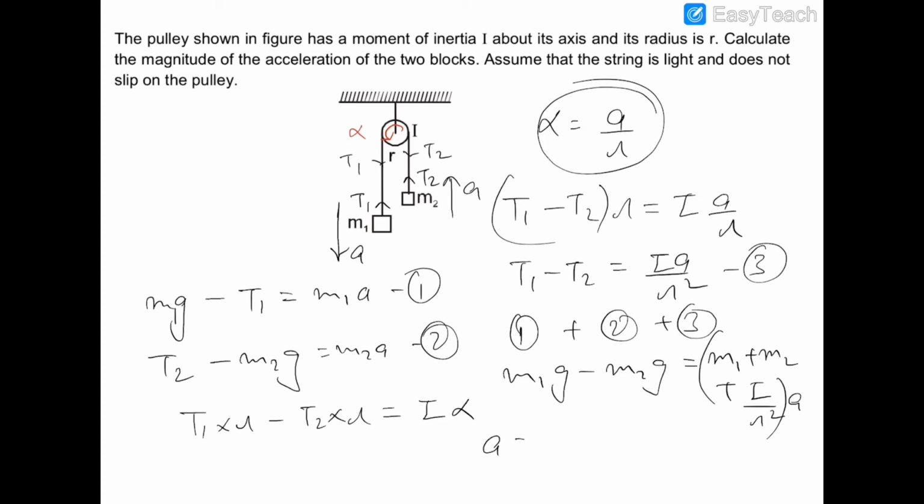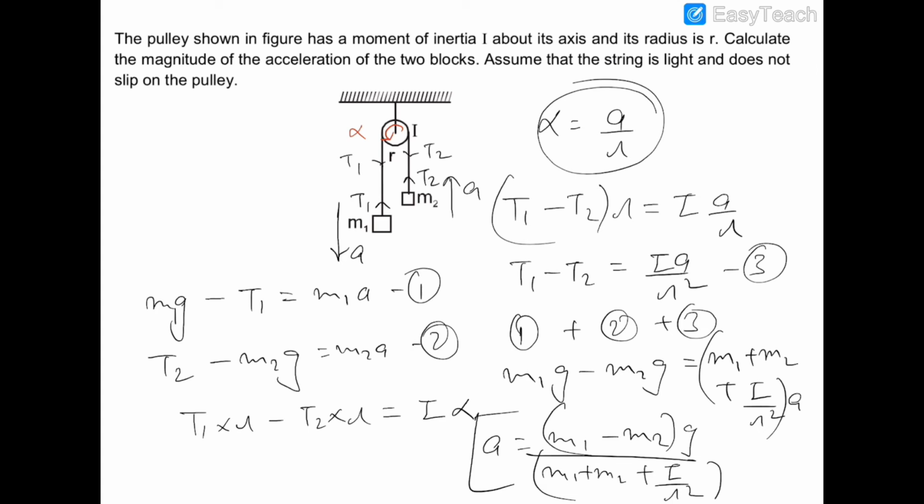So a will be equal to (m1 minus m2) g upon (m1 plus m2 plus I upon r square). So this is the acceleration of these pulleys. Now you can substitute this value of acceleration in any of the equations, and you can also find out the tensions. Now let's move on to the next question.